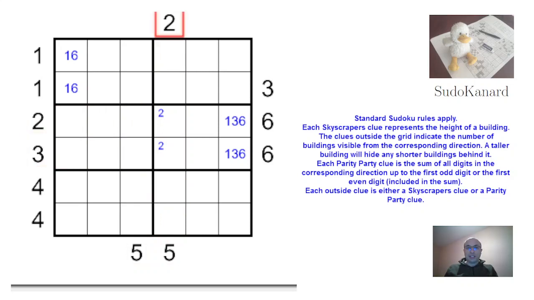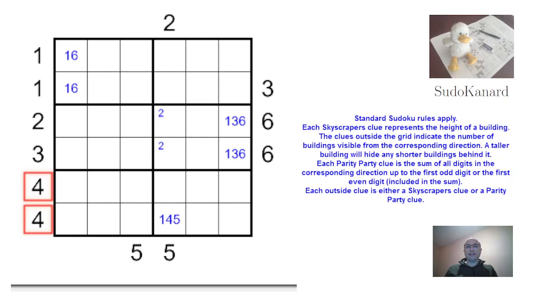So we know now that this 2 has to be a skyscraper's clue, and we can deduce that this 5 can't be a skyscraper's clue, because in this case we would have to put 6 here, and all digits here would be seen, but we know that 2 here will be hidden. So this is a parity party clue, so it has to be either a 1/4 pair or a single 5. This is not a skyscraper clue either, because then 6 would have to be here, so this is also a parity party clue, but we don't know much about it.